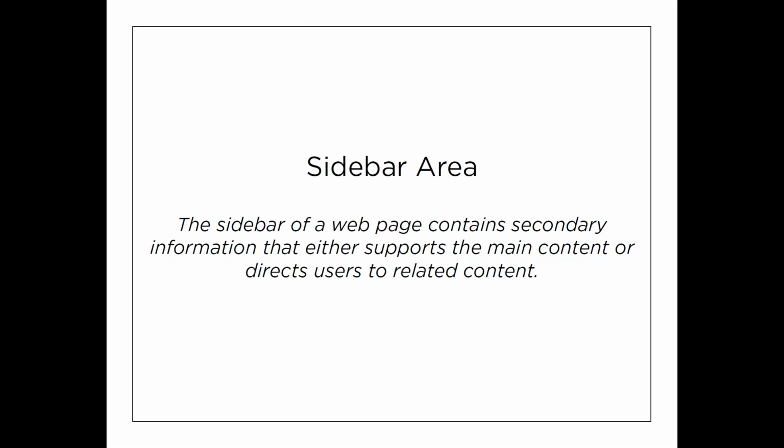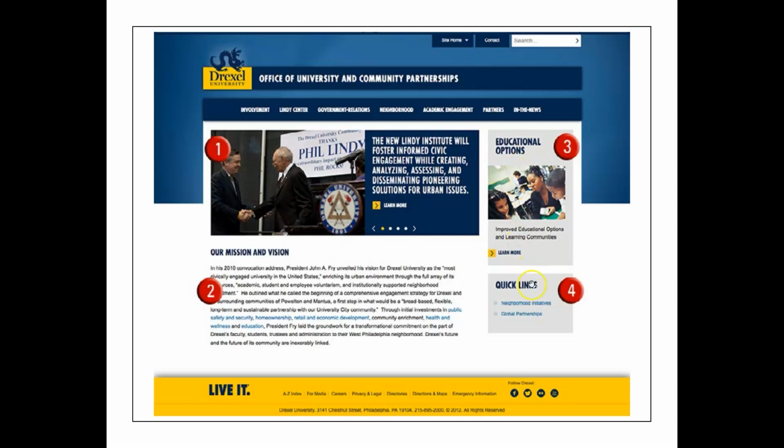So it usually goes down and becomes a secondary element as you scroll. Sidebar areas are a small information area. Some sites do have that if you open it up on a desktop, but on mobile devices, that is usually down below all the main content.